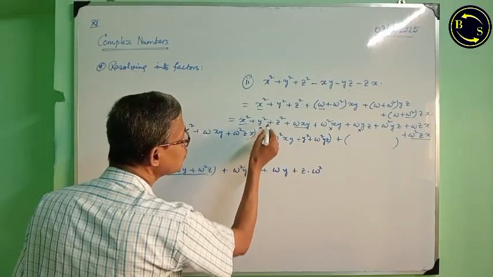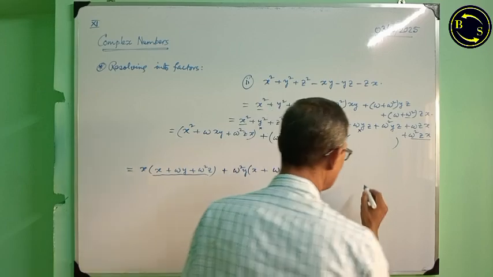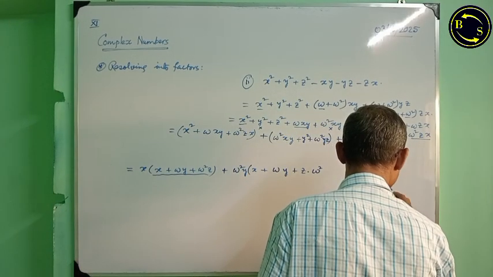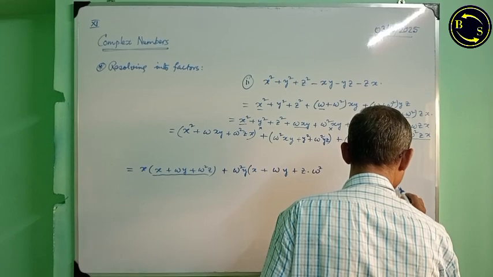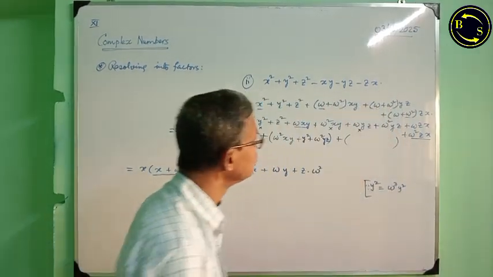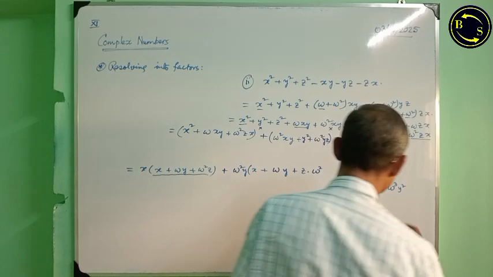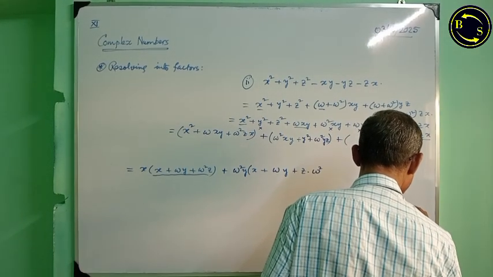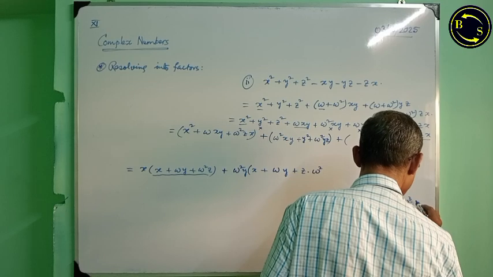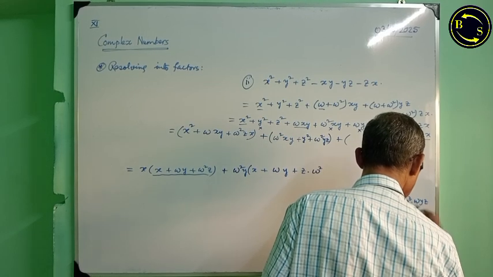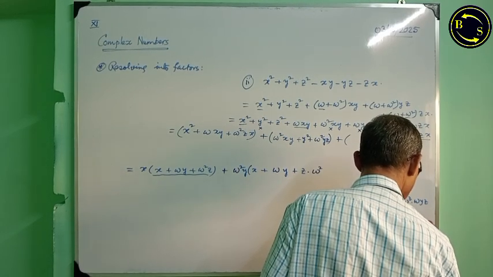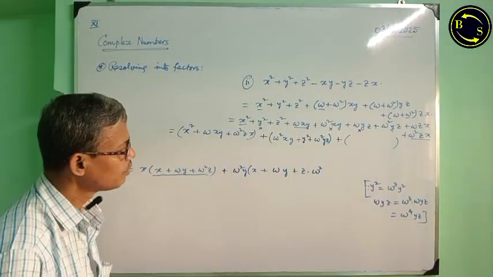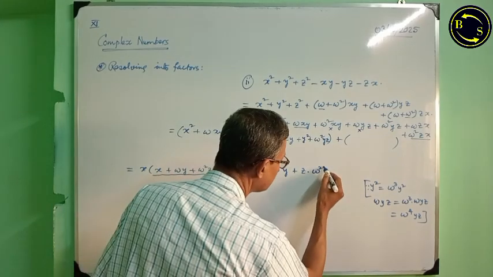I have taken y square. I mention here, since y square equal to omega cube y square and omega yz, that is equal to omega cube into omega yz, that means omega to the power 4 yz. Now this is completed.